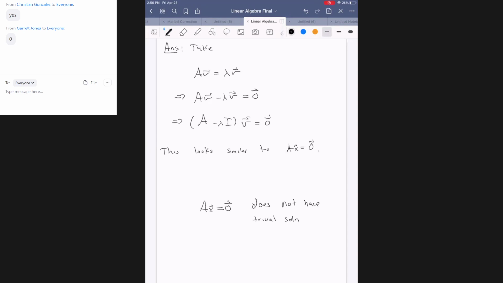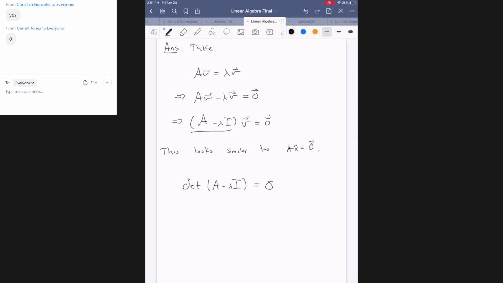So if the determinant is 0, it means there is a non-trivial solution. So if you take the determinant of the matrix A minus lambda I and set it equal to 0, that should give me all the lambda values that would guarantee that the vector V is not 0.